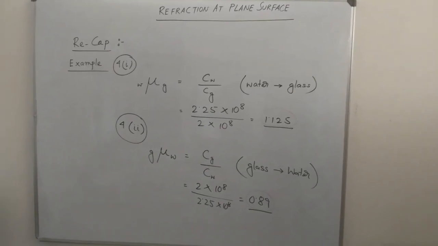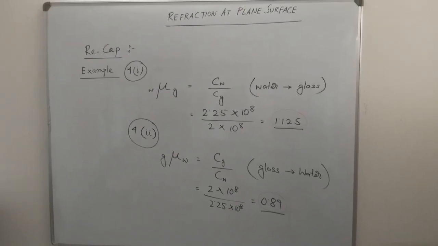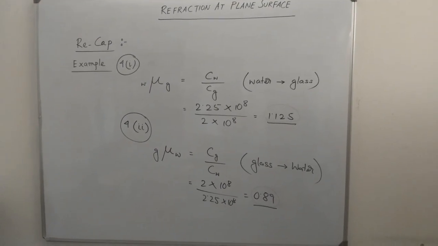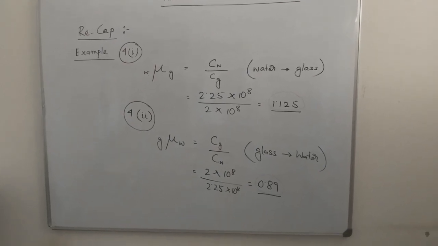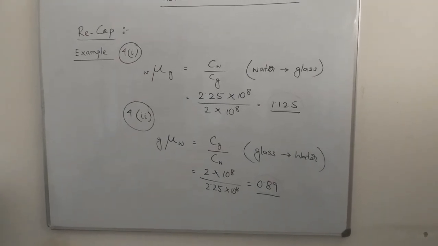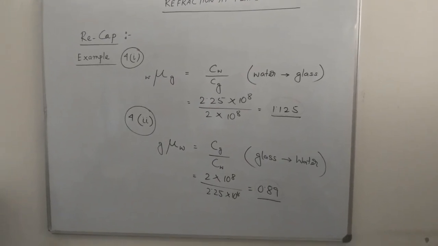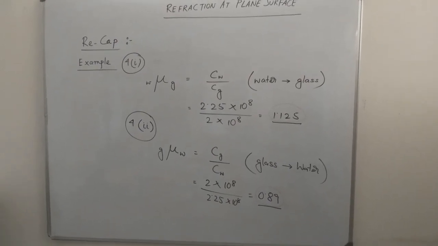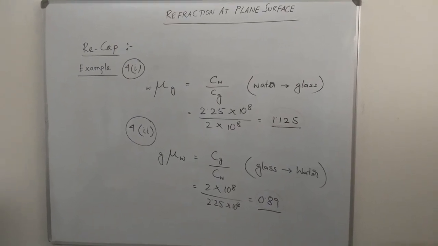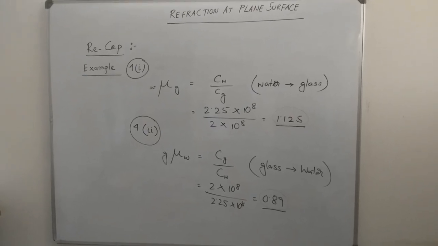So this basically states the principle of reversibility of light. That means the way light enters from water to glass, it will follow the same path when it goes from glass to water. This actually exhibits this simple phenomenon, which is known as, I repeat, the principle of reversibility of light. Alright?